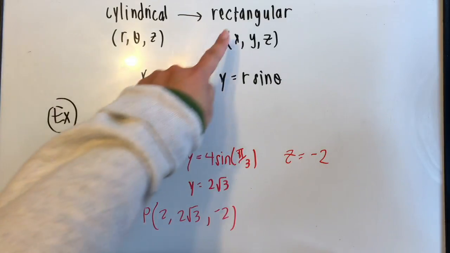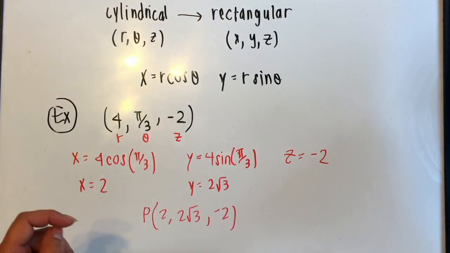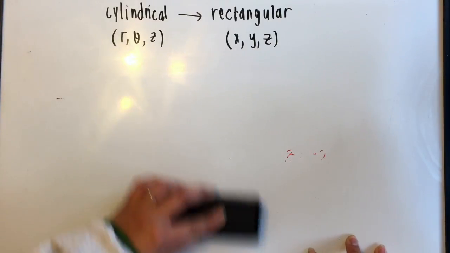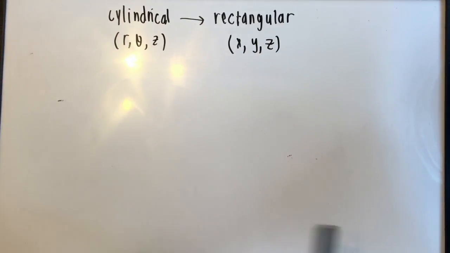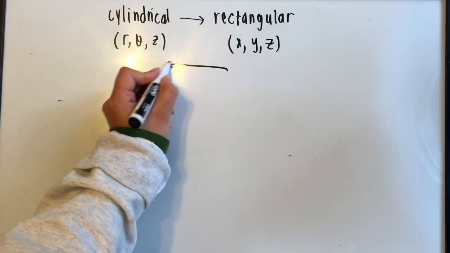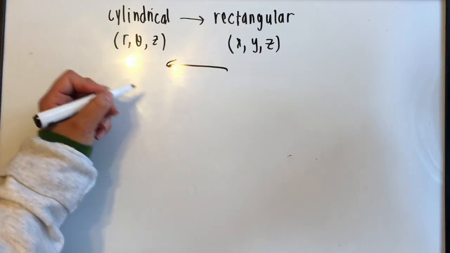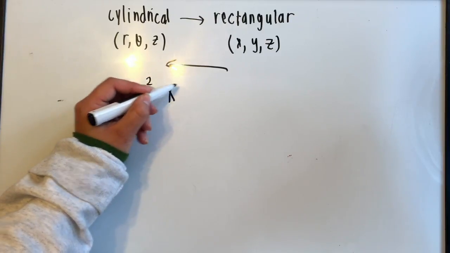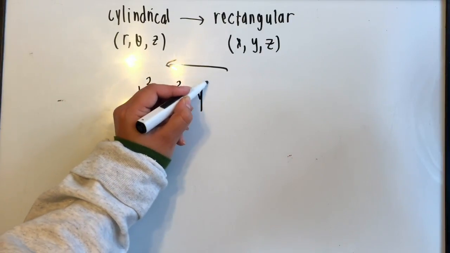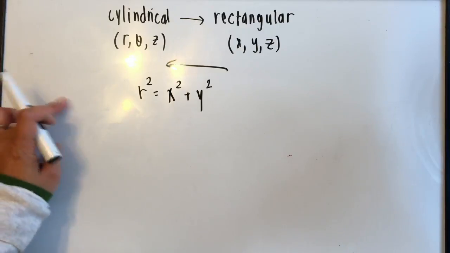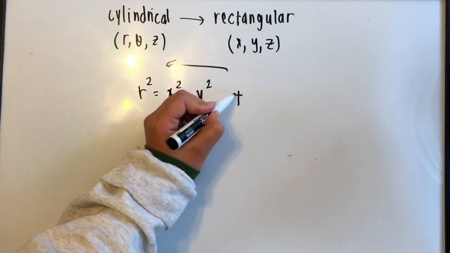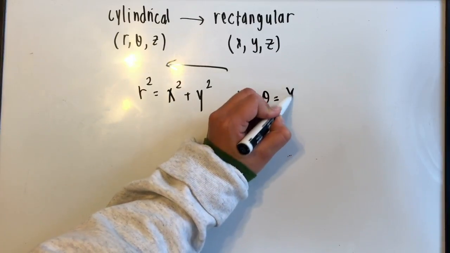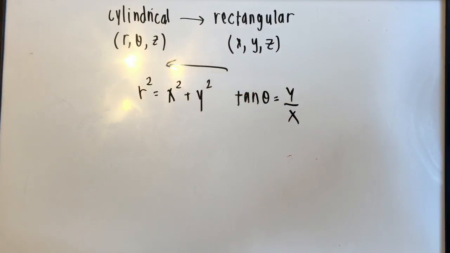Okay, now if we go the opposite way, if we go from rectangular to cylindrical, we would have to use r squared equals x squared plus y squared to get our r, and then tangent theta equals y over x.